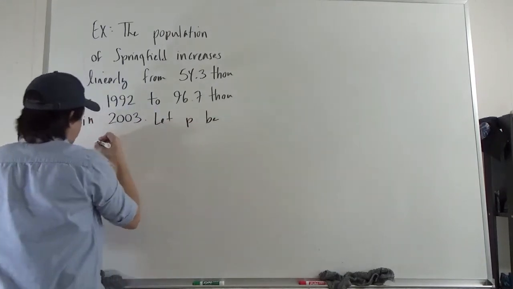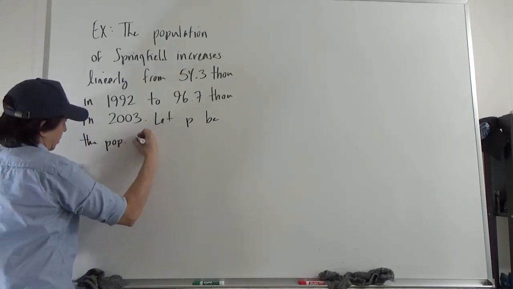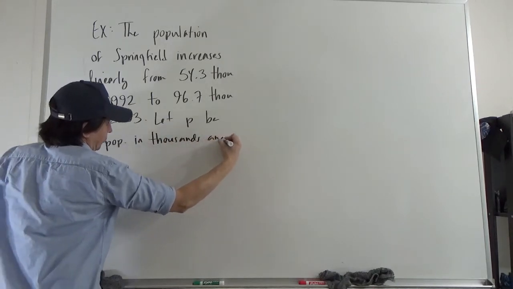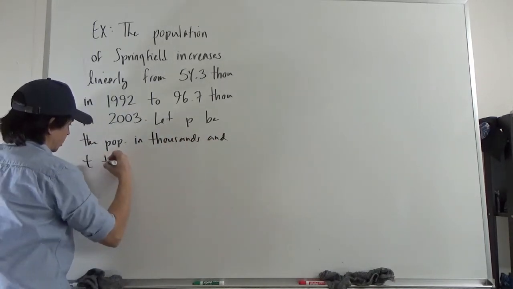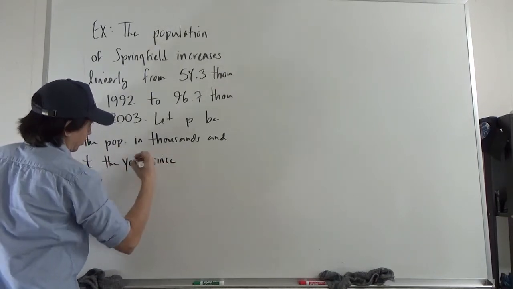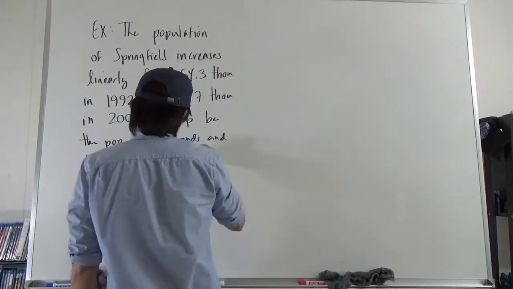Let P be the population in thousands, and T the years since 1990. 1990 is the reference year this time. Okay.